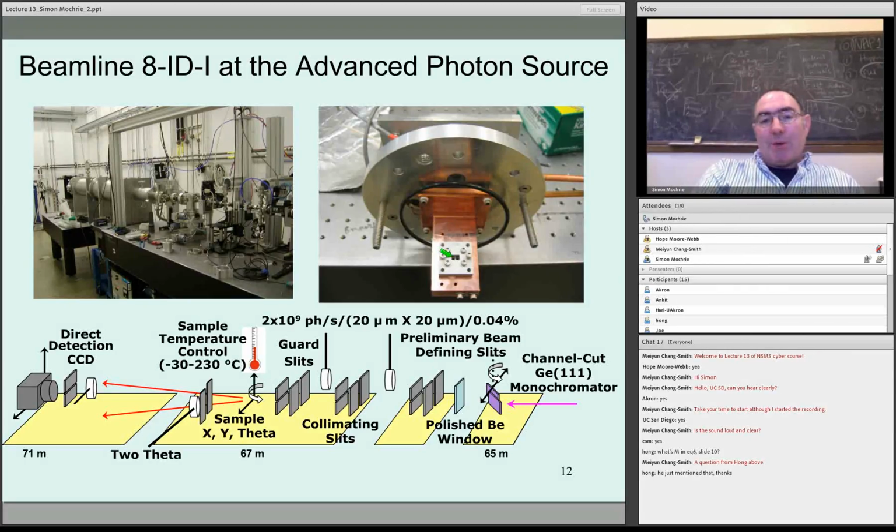But if you look carefully, you can see that in that block vertically, there's a little capillary mounted. That's a capillary tube with a diameter of about 0.7 microns, and it contains our colloidal suspension samples, and their temperature is maintained by maintaining the temperature of these blocks as well as we can.